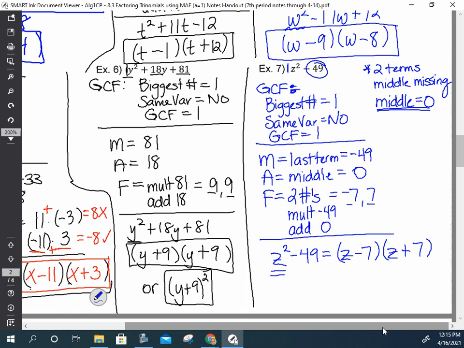So Z minus 7 and Z plus 7. That is your factored form. The only thing that was different is that the middle term was 0. So we saw what happens if the middle term is 0.